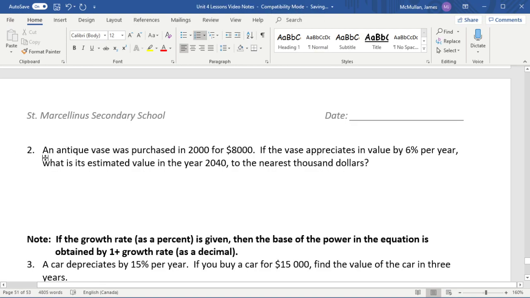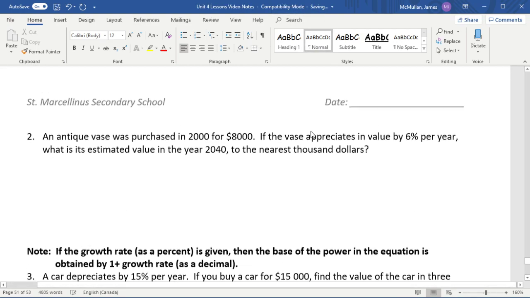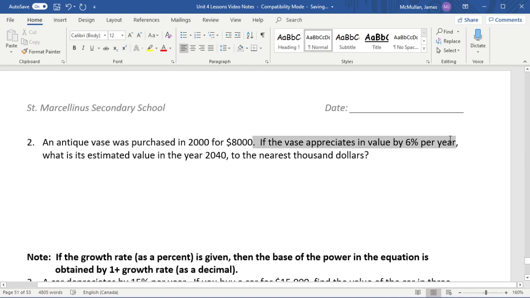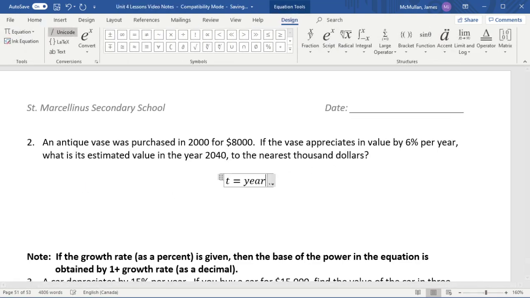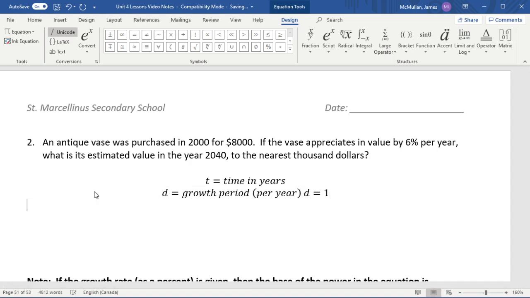Okay, so it says an antique vase was purchased in the year 2000 for $8,000. The vase appreciates in value 6% per year. What is the estimated value in the year 2040 to the nearest $1,000? Okay, so t equals time in years. d equals growth period, which in this case is per year. So what we could say is d is equal to 1.